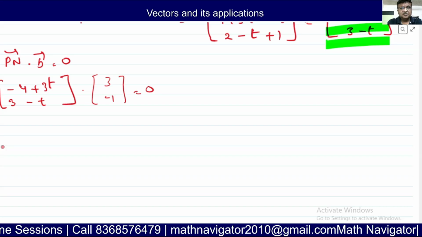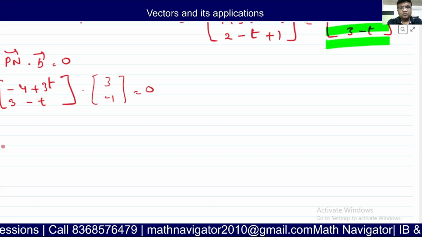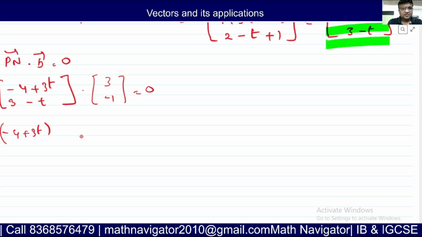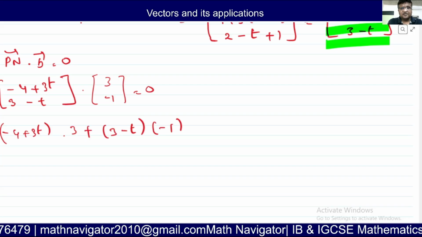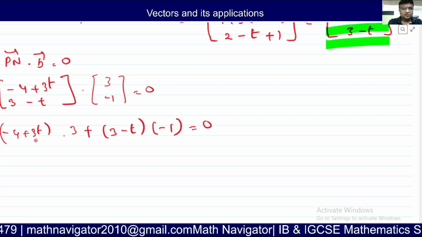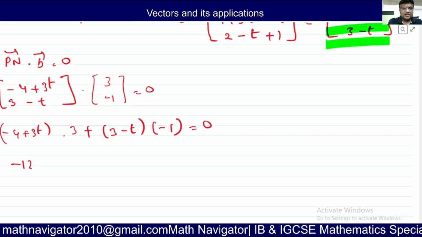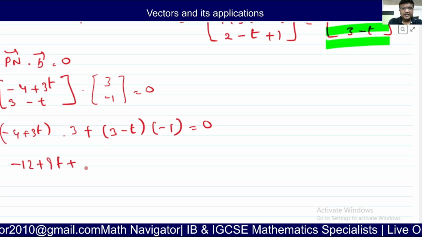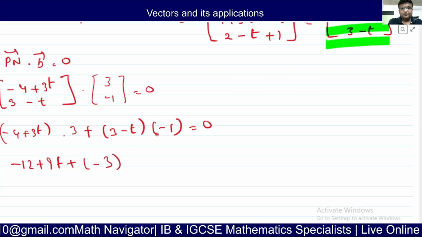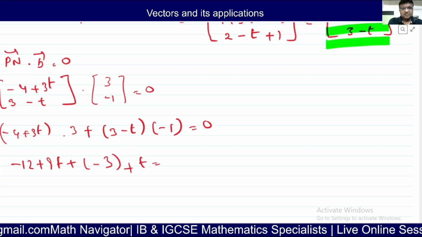So let's find it. (Negative 4 plus 3t) dot 3 plus (3 minus t) dot negative 1 is equal to 0. So negative 12 plus 9t plus negative of 3, this will be plus t, is equal to 0.